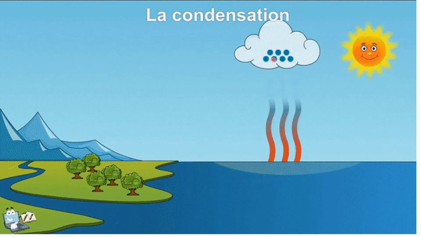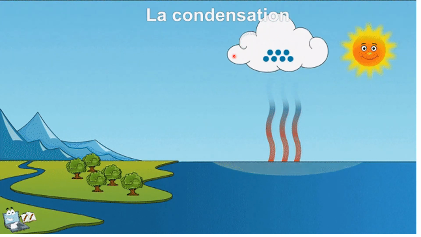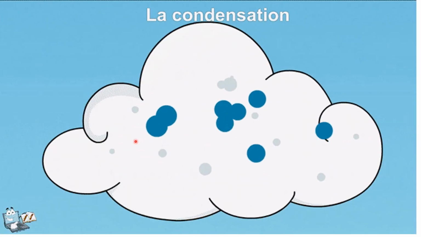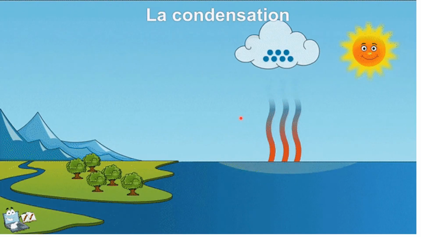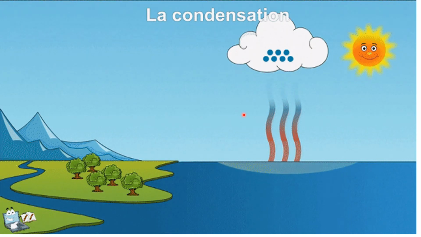Liquid means in the form of water droplets, and that liquid becomes a cloud. So many water droplets combine with each other and form one cloud, and the formation of cloud, this process is called condensation.